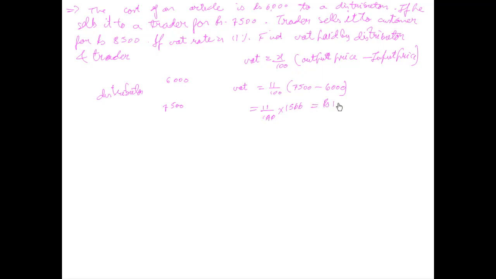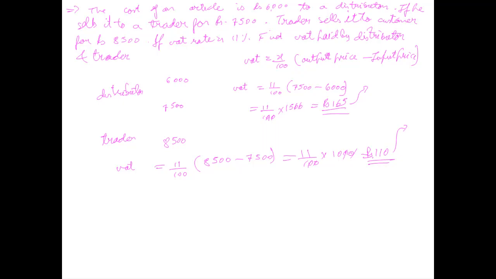It's rupees 165. That's the VAT payable by the distributor. Now, children, next comes the trader. The trader buys it for 7,500 and sells it for 8,500. So VAT payable by him would be 11% of output price minus input price. That's 11% of 1,000 rupees, which gives you 110 rupees. So the trader pays 110 rupees to the government. The government gets 165 here and 110 over here.